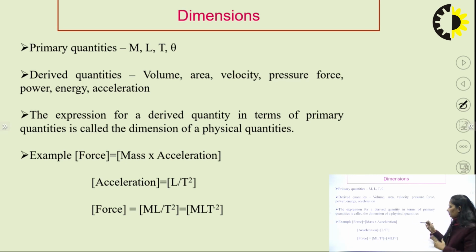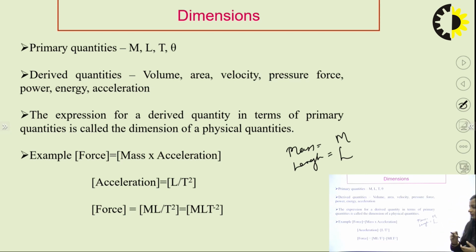Just for an example, when we write the dimension for mass, what will we write? Simply M. When we write the dimension for length, we write simply L. And when we write the dimension of time, that will be T.